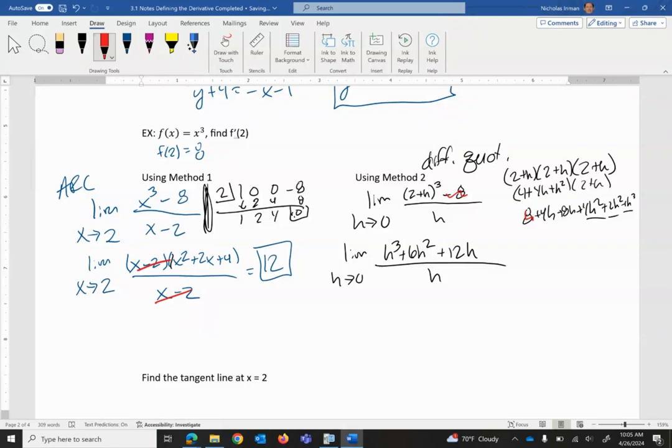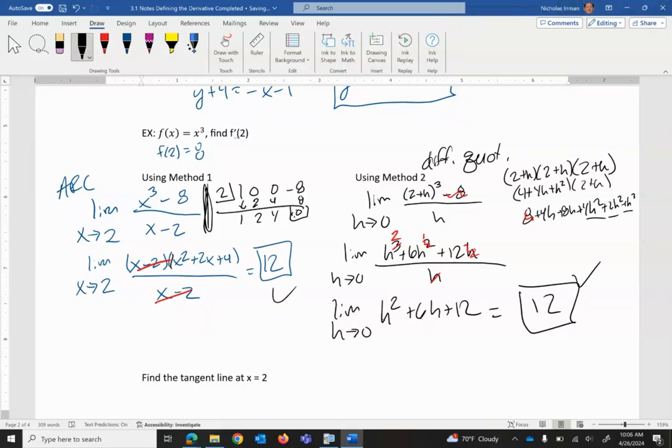All of these things have h, so now that h and that h cancel. Now we can put in 0. Well, that is 0 plus 12. And we have that same answer. We've got 12.